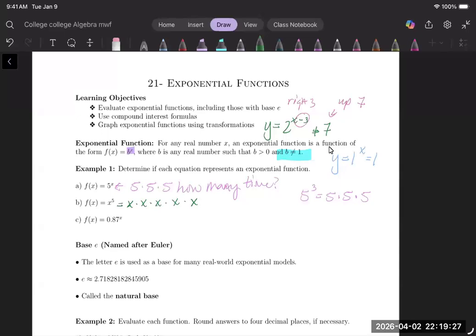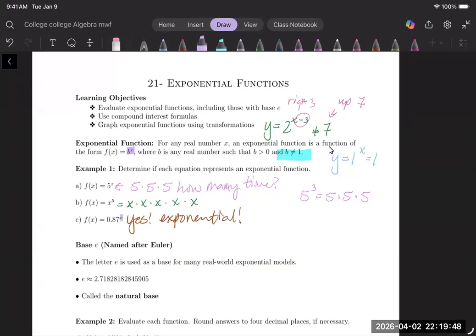So C, what is it? Exponential or not? What do you think? Yes, exponential, because where's the variable? Yay! It is in the exponent position.